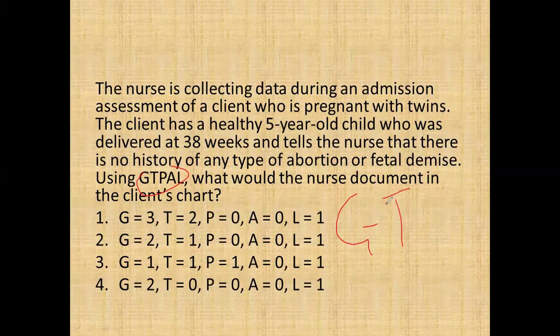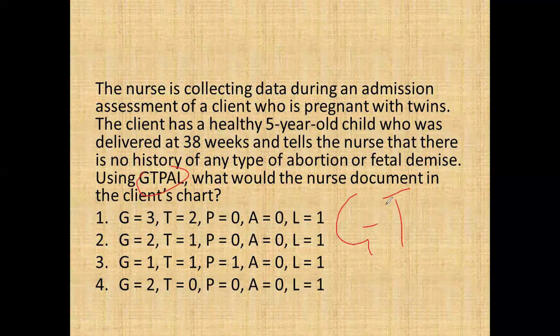The T stands for term: the number of pregnancies that have been born at term gestation, which is after 37 weeks. Then P is preterm, which is between 20 and 37 weeks. Anything between 20 and 37 weeks is considered preterm.